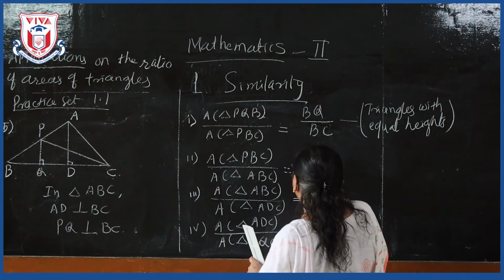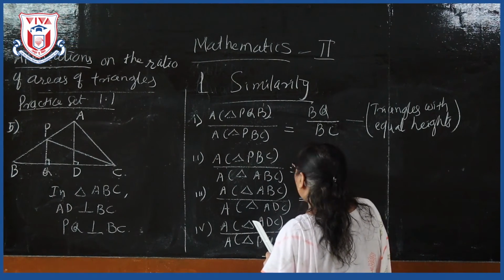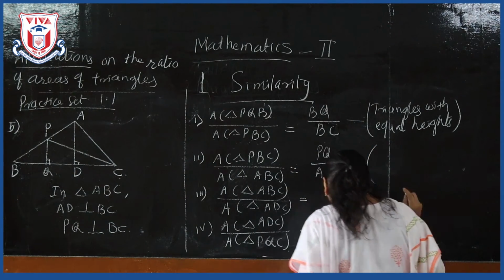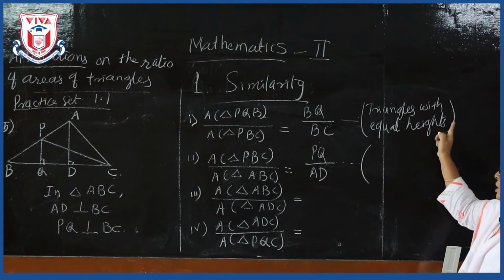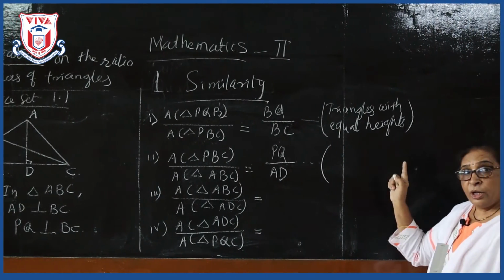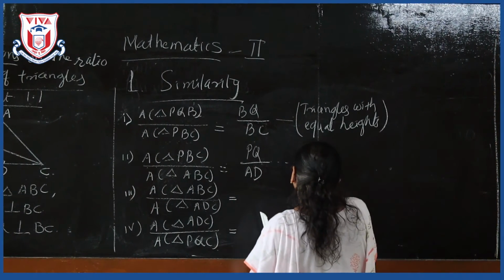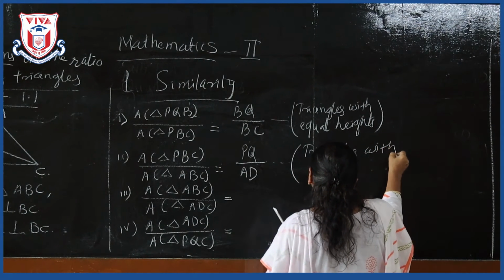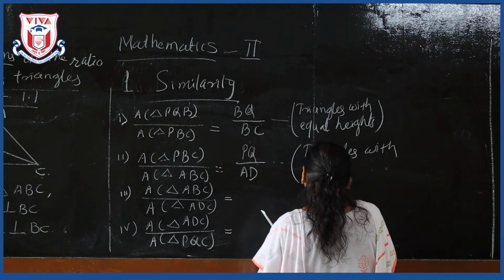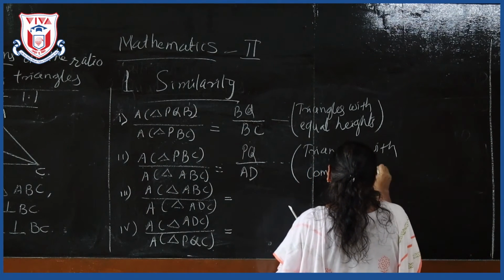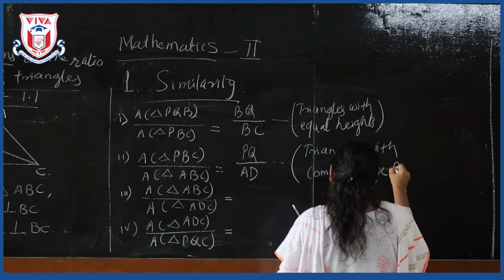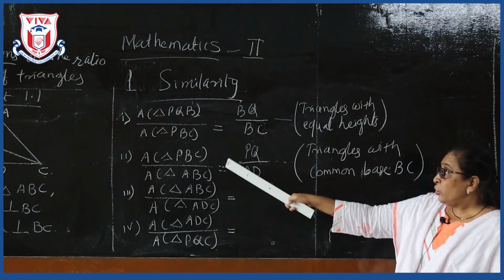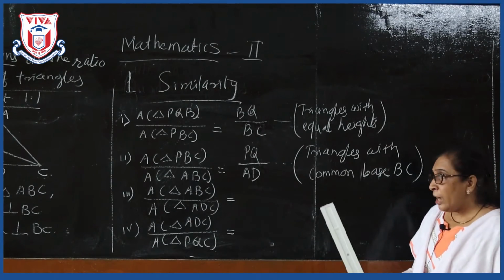So, the corresponding heights are PQ and AD. And the reason you can write: triangles with common base. Which is that common base? BC. And hence the ratio is proportional to corresponding heights.